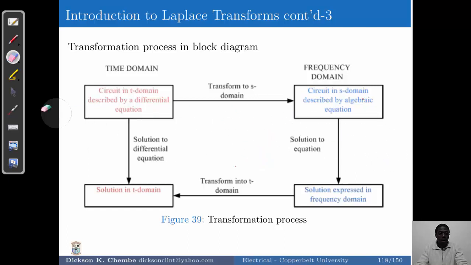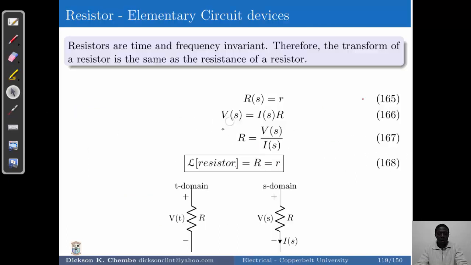And now let's look at the elements. So when we come to the resistor, it is time and frequency invariant. That implies that the resistor is not changing between the time domain and the frequency domain. If we look at this circuit, you have the resistor here in the time domain, and the potential difference across the resistor, which is vR(t).